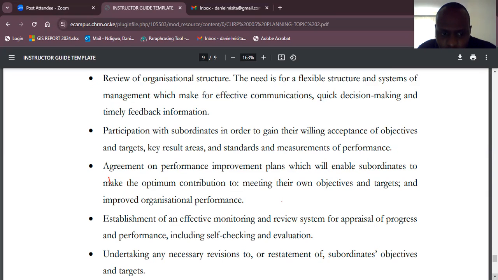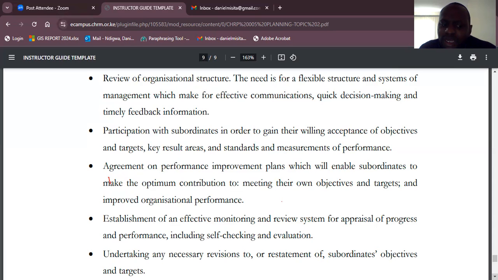Then you need to establish an efficient monitoring and review system for appraising the progress of employees. And that is why we always say you need to come up with various parameters or factors to check during your evaluation or appraisal, so that you don't appraise your employees on one parameter and assume that that parameter will form the basis of your decision whether to promote the employee or not.